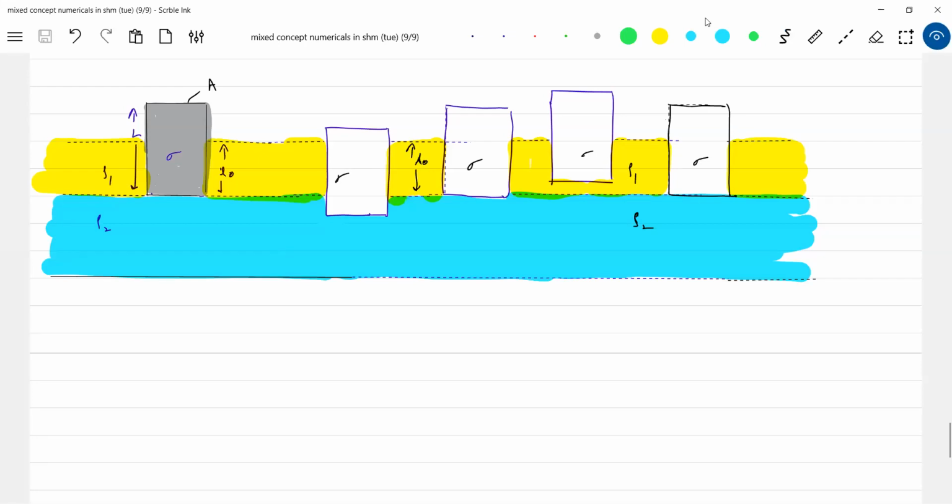So you try to see, for half of the time period, the cylinder will be in the second liquid, a part of that one. In the remaining half, it will be here. So in this position, we'll calculate the time period.